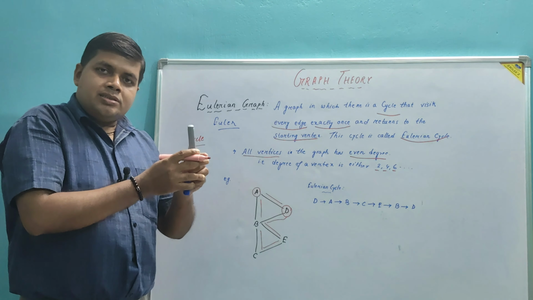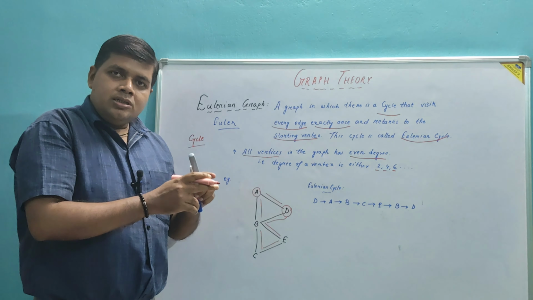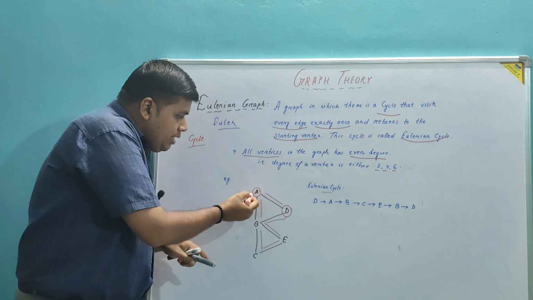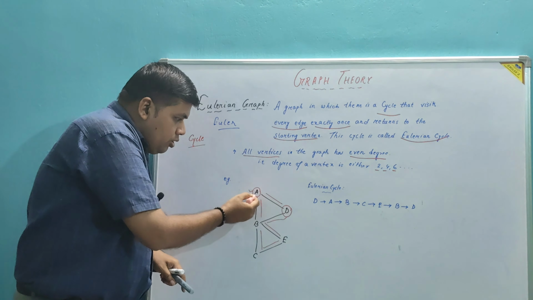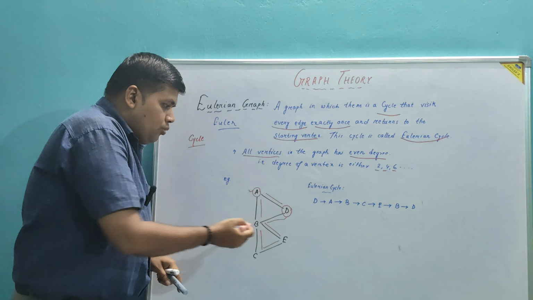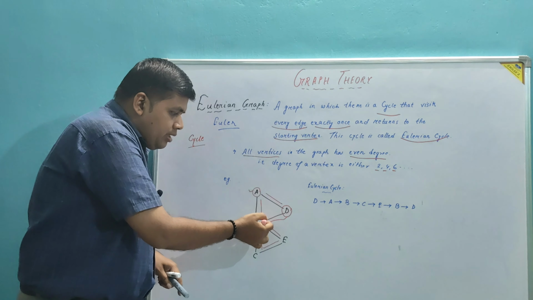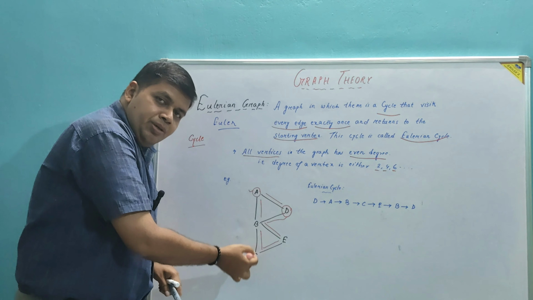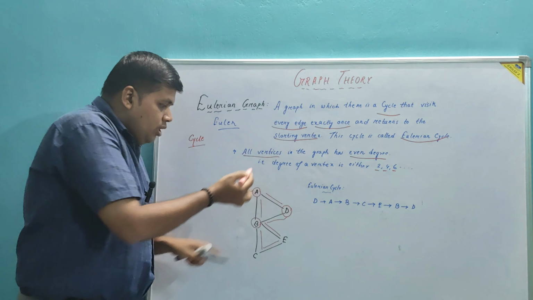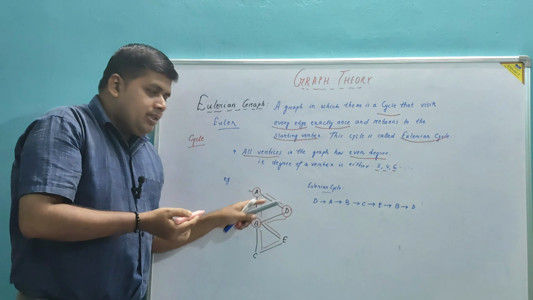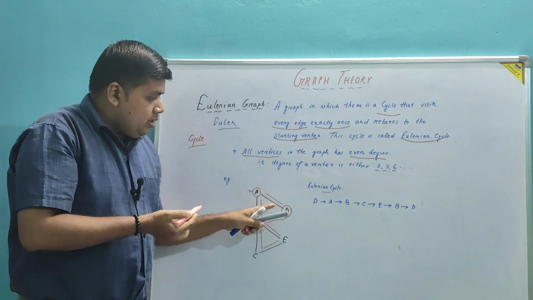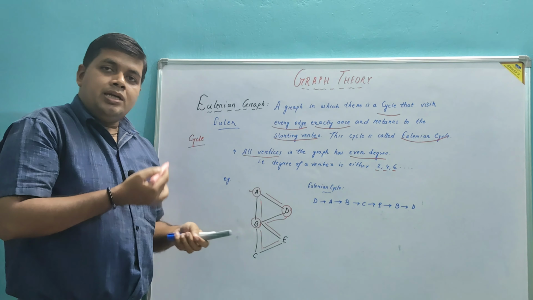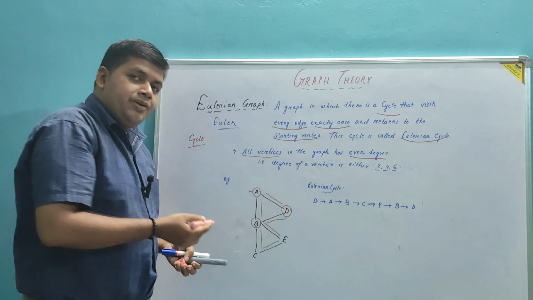Degree means the edges that are connected with that particular vertex. So how many edges are connected with A? There are 2 edges. So degree of A is 2. Similarly, for B, 4 edges are connected with B. So degree of B is 4. Similarly, for the other vertices, every vertex must have even degree.